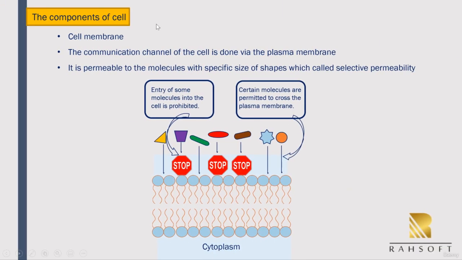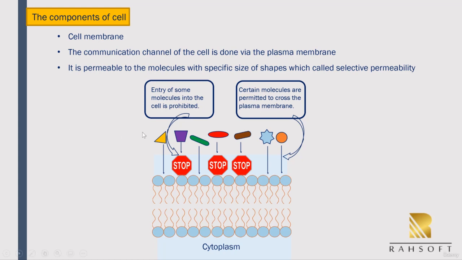Then we also have the cell membrane, which is the outermost layer of the cell. It is the communication channel of cells to other cells and is done through the plasma membrane. It is permeable to molecules with specific sizes and shapes and also different types of cellular and chemical components. This is known as selective permeability because it only allows some through.